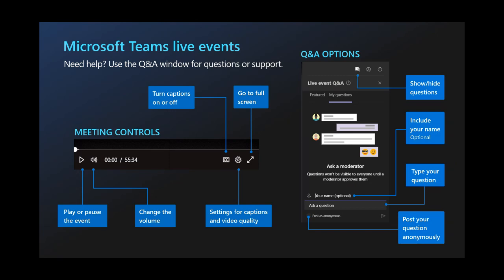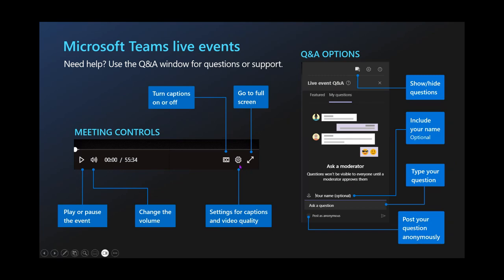Also, if we move to the right of that symbol, you will see the volume button. Please make sure you have your audio volume turned all the way up so you can hear me loud and clear today as we review this content. We also want to move further along that taskbar, and you'll notice three symbols there. That first symbol is going to be the ability to turn on and off the captions if you need that throughout the training.